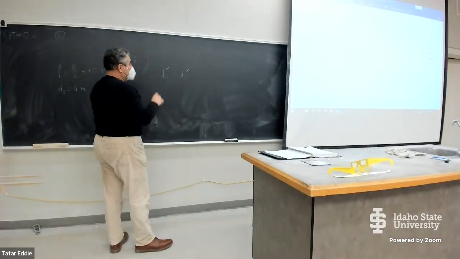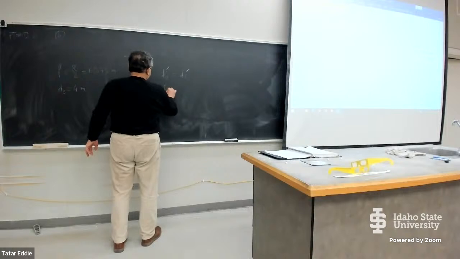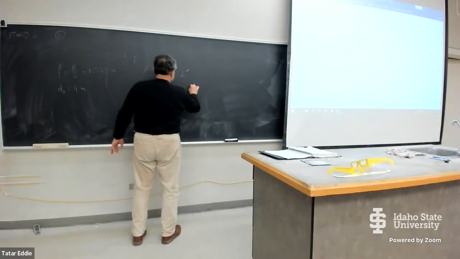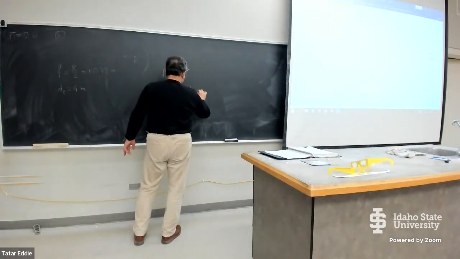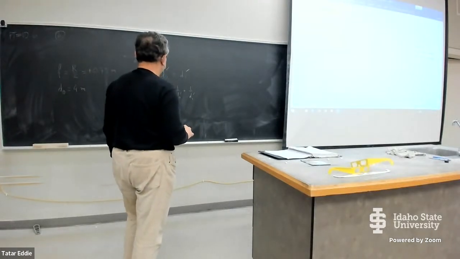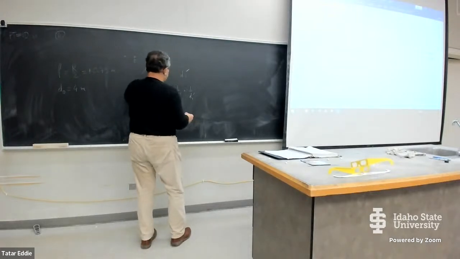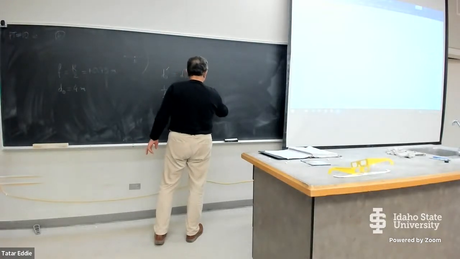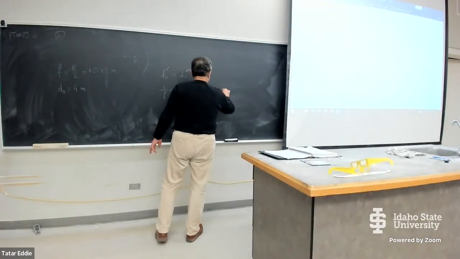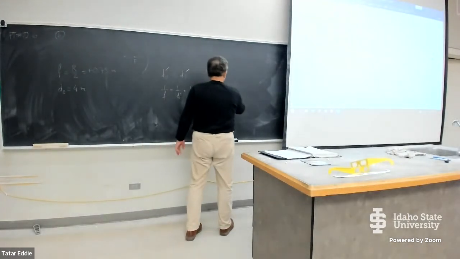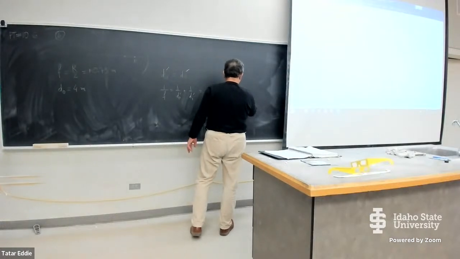Well, from this, you can say 1 over F is 1 over DO prime plus 1 over DI prime. Since DI and DO are the same, this is 1 over DO prime plus 1 over DO prime, which is 2 divided by DO prime.